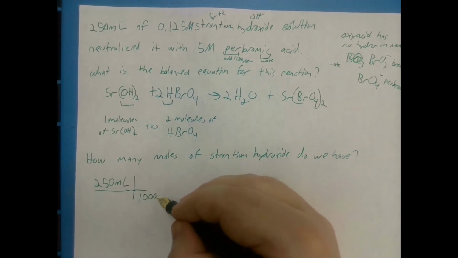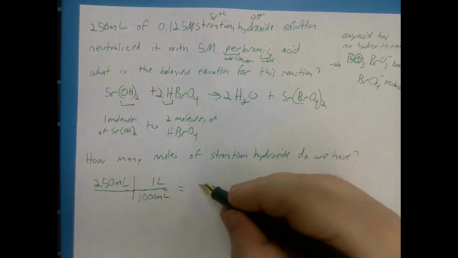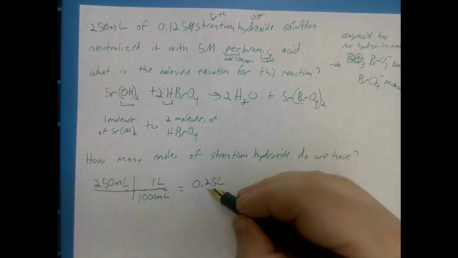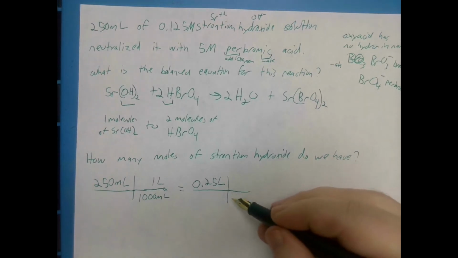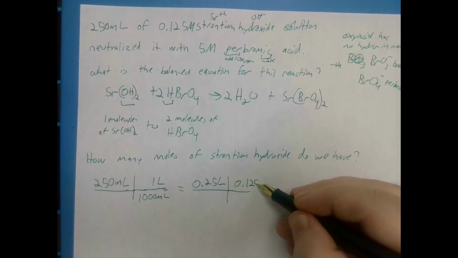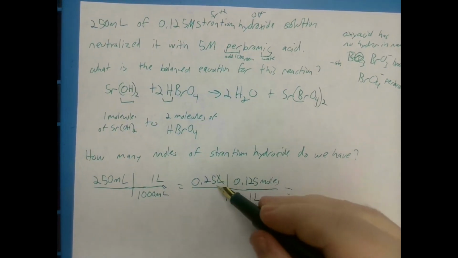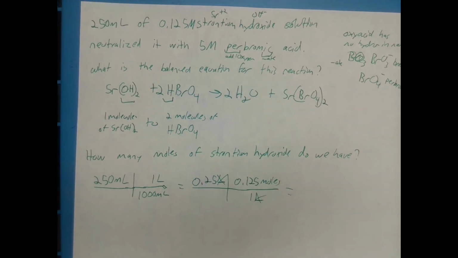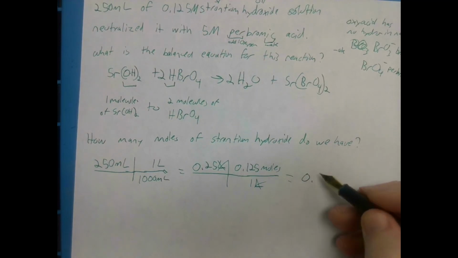We know 1,000 milliliters is in 1 liter, giving us 0.25 liters. And we're given the molarity of the solution, which is 0.125 moles per 1 liter. Liters cancel out, giving us moles. And we end up with 0.03125 moles.